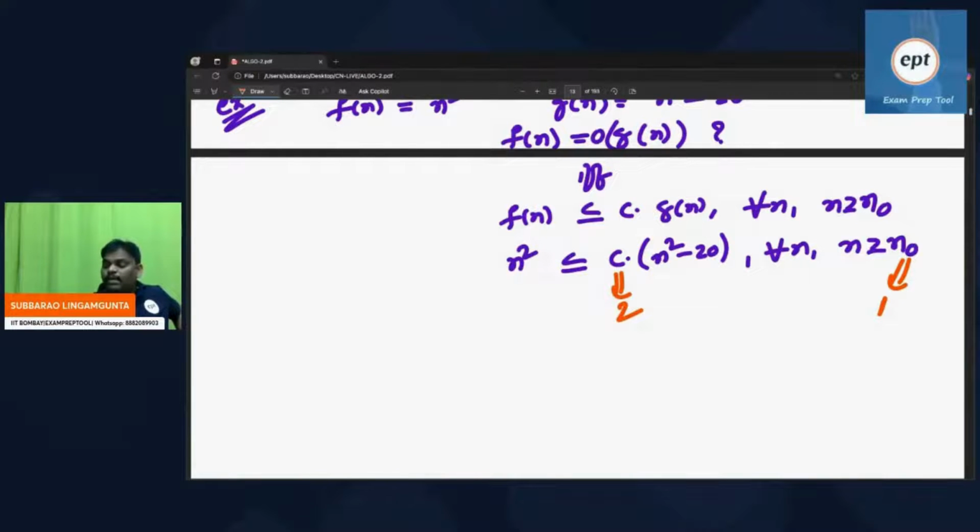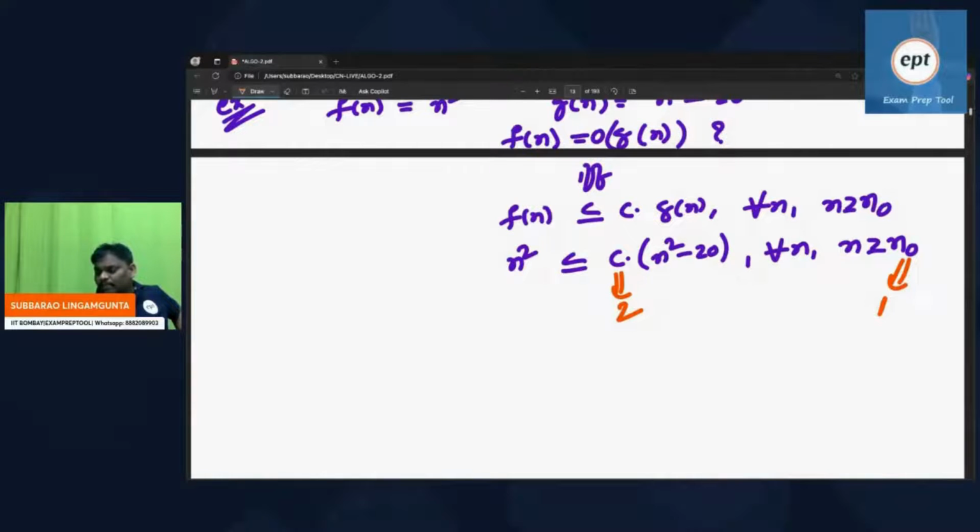But the problem is, with n value 5, left side is 25 and right side is only 5, so the condition fails. If I take 6, left is 36, right is 36 minus 20, which is 16, so anyhow it fails. Remember, we have to take care from which place this relation holds good.